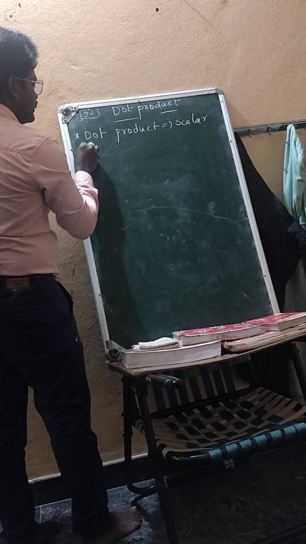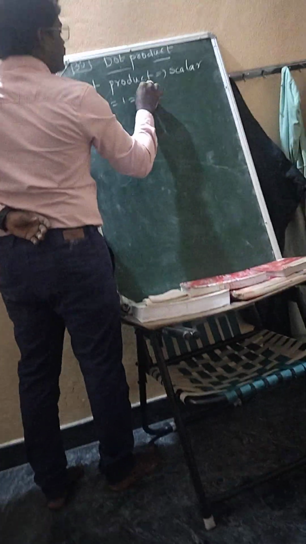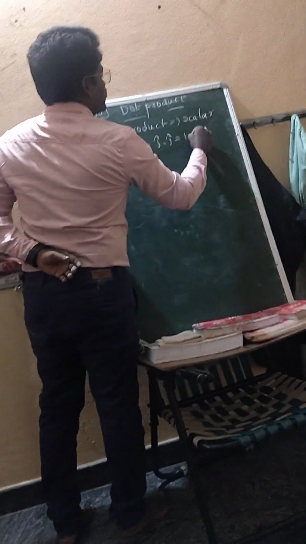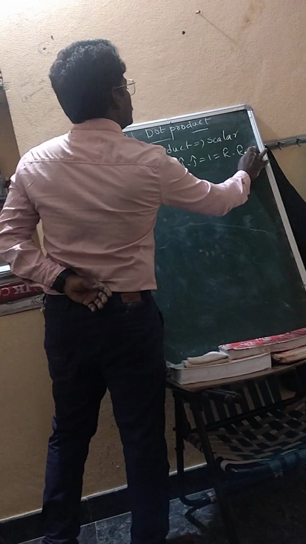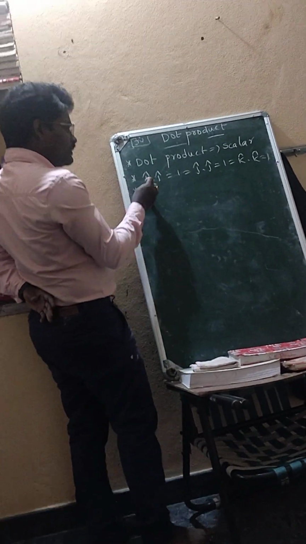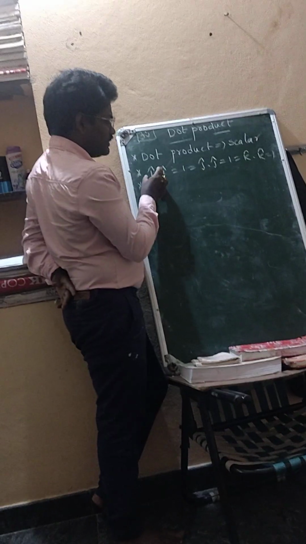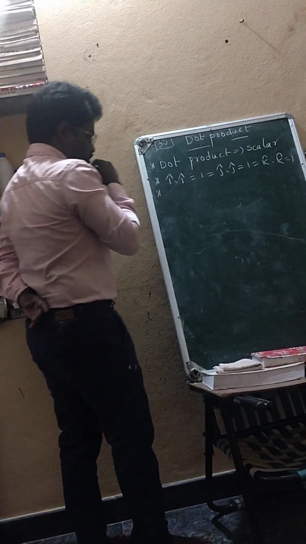And second one: i dot i equals 1, j dot j equals 1, k dot k equals 1. For the same vector in the same position, i dot i, j dot j, k dot k equal 1.